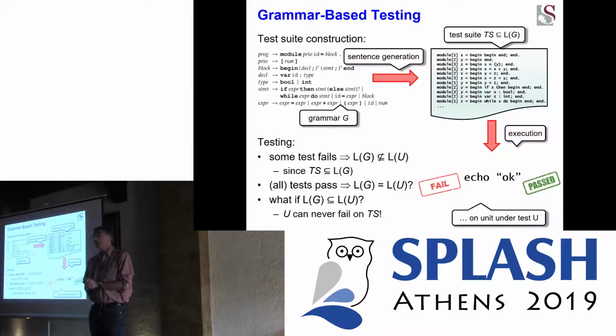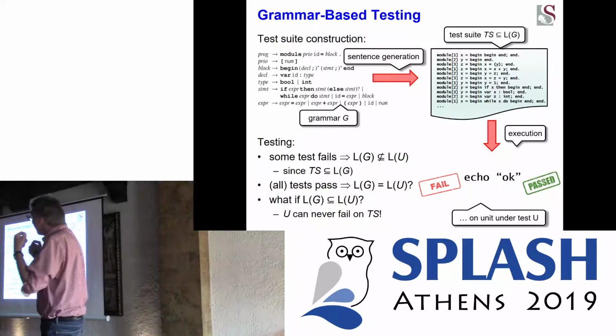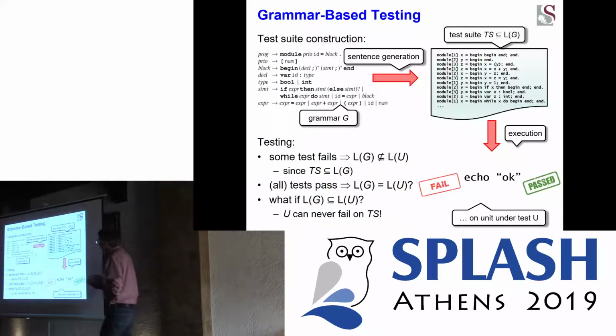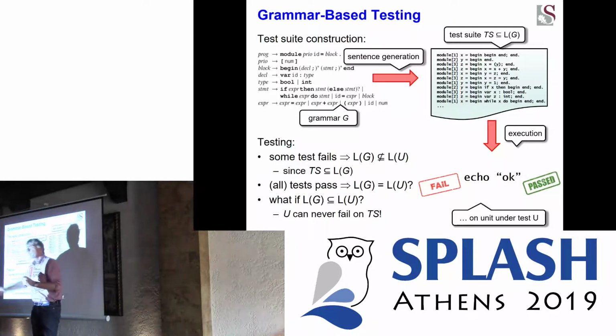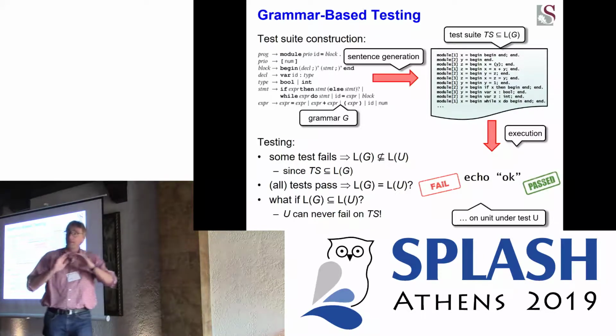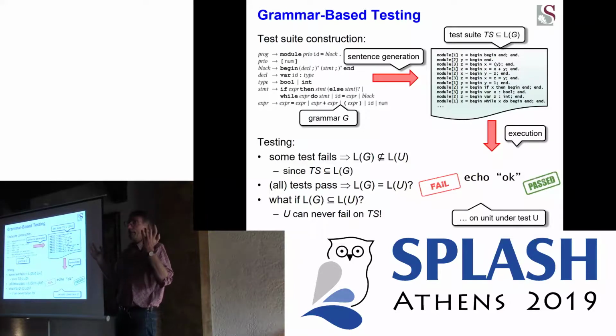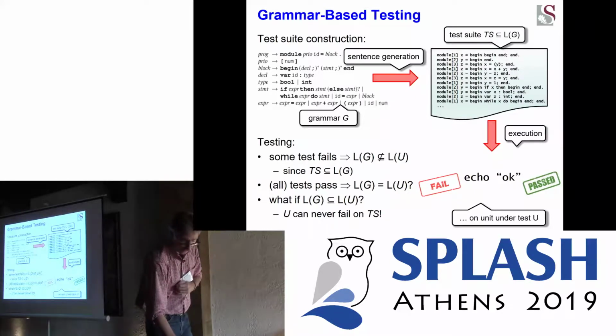That unit under test can never fail on a test suite that contains only positive words if the language implemented is a proper superset of the language of the original grammar. So if you always say yes, we're always on the safe side. So that is one of the problems of grammar-based testing, and that shows up in reality.